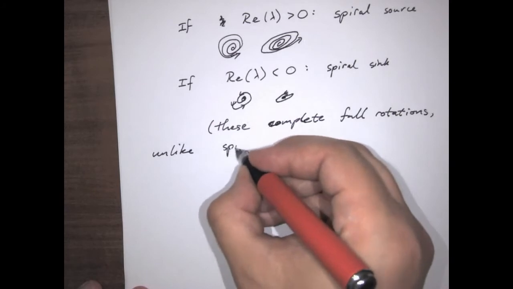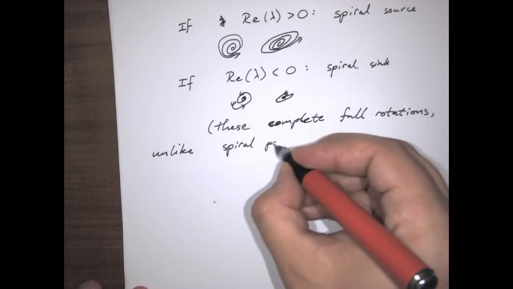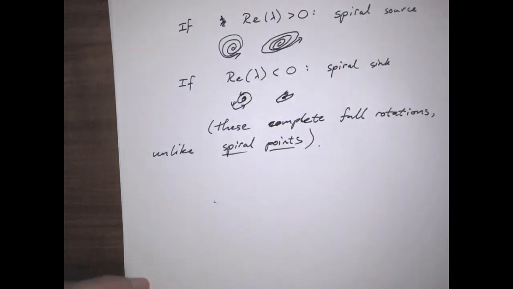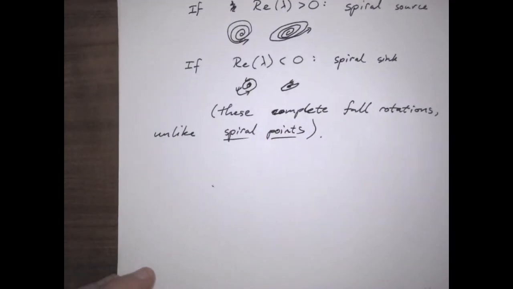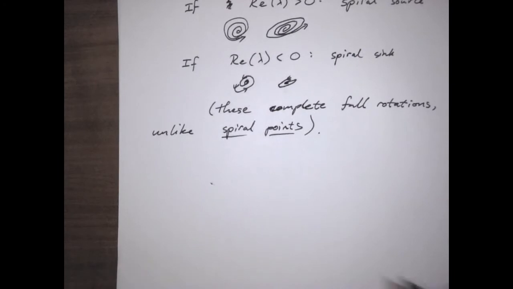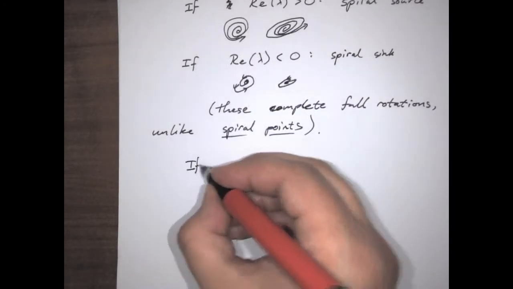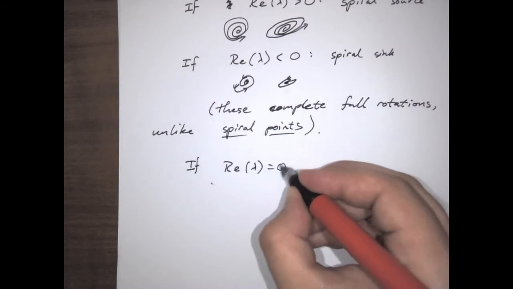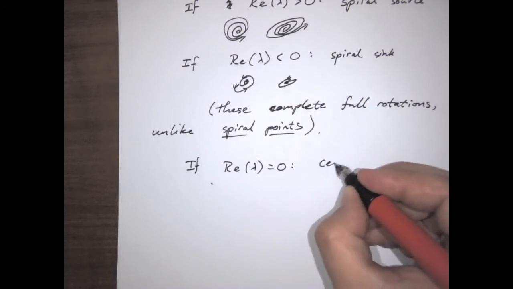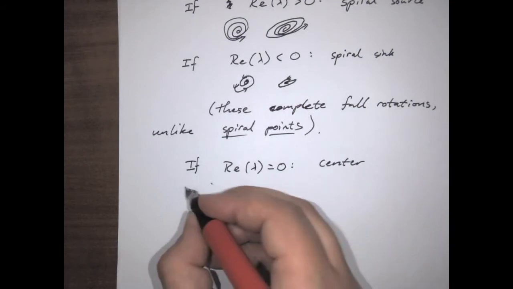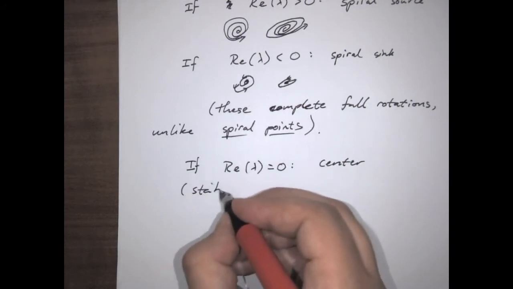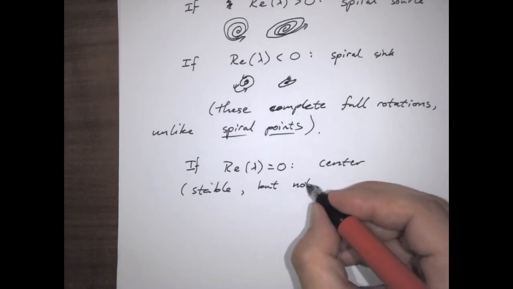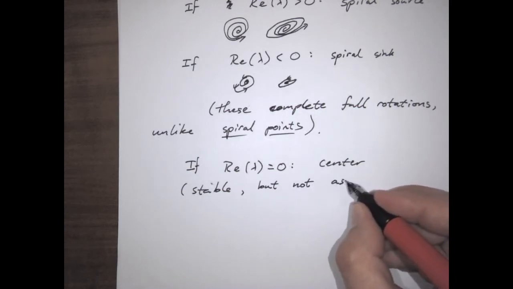Unlike what are called spiral points, which don't. Okay. And then if the real part of lambda is 0, what we get is a center, which is stable but not asymptotically.